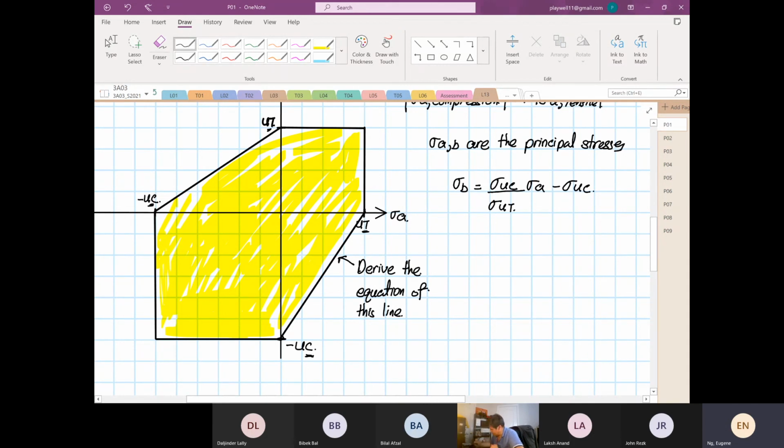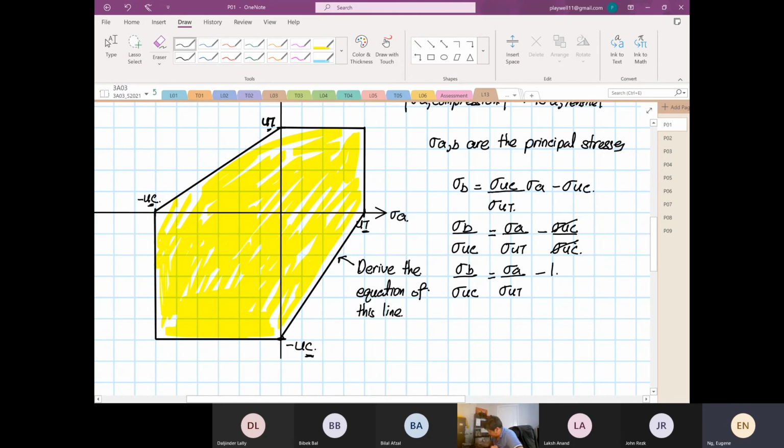So we are going to rearrange this. So we have stress B over stress ultimate compression is equal to stress A over stress ultimate tensile minus 1.